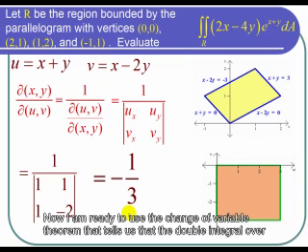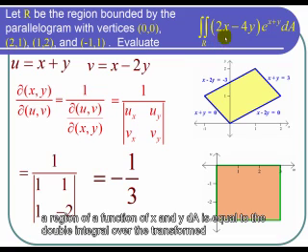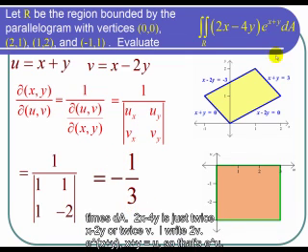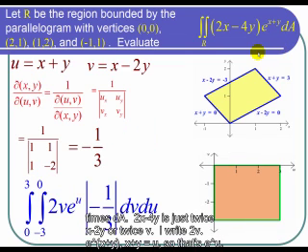Now I'm ready to use the change of variable theorem, which tells us that a double integral over a region of a function of x, y dA is equal to the double integral over the transformed region in the uv plane of the function of u and v times the absolute value of the Jacobian times dA. So 2x - 4y is just twice x - 2y, or twice v.